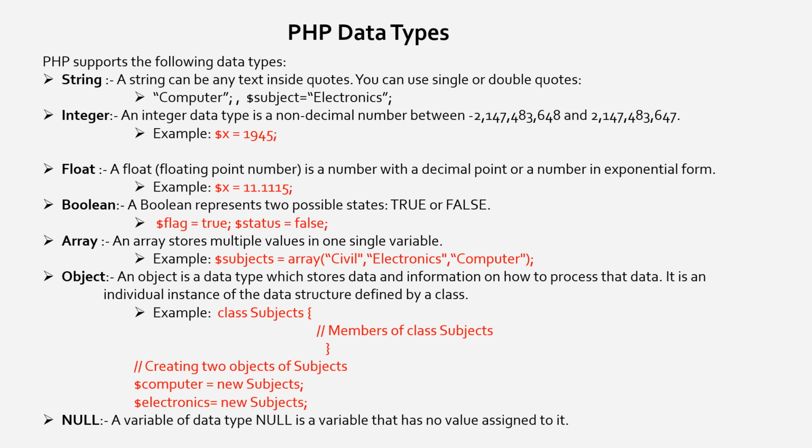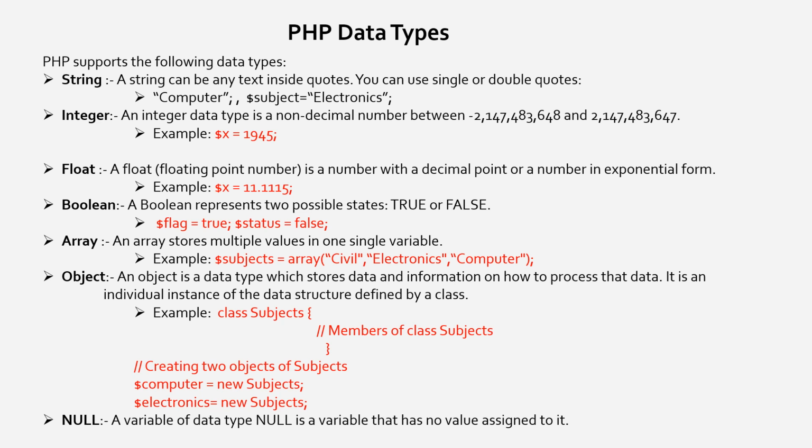Another thing is the floating point variable, or double, as we can call it, that is with a decimal point or exponential form. Example, $x equals 11.1115. Again, now here $x is a float variable.